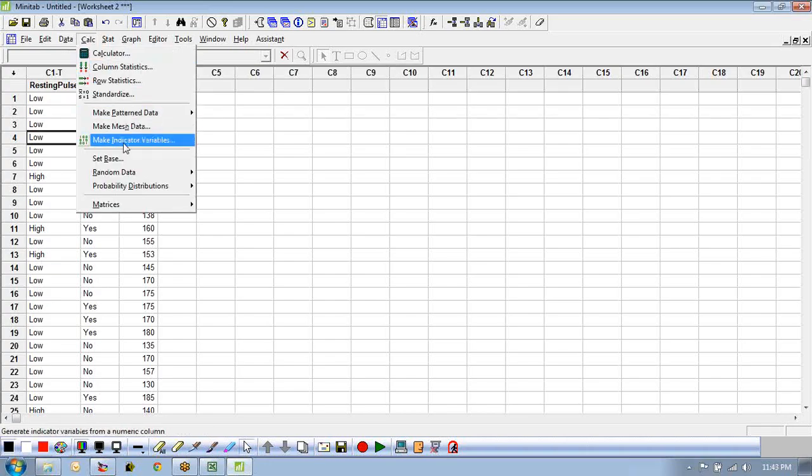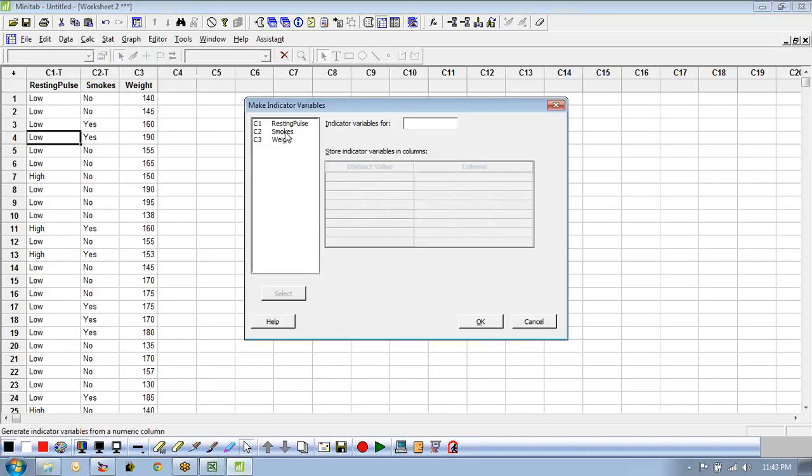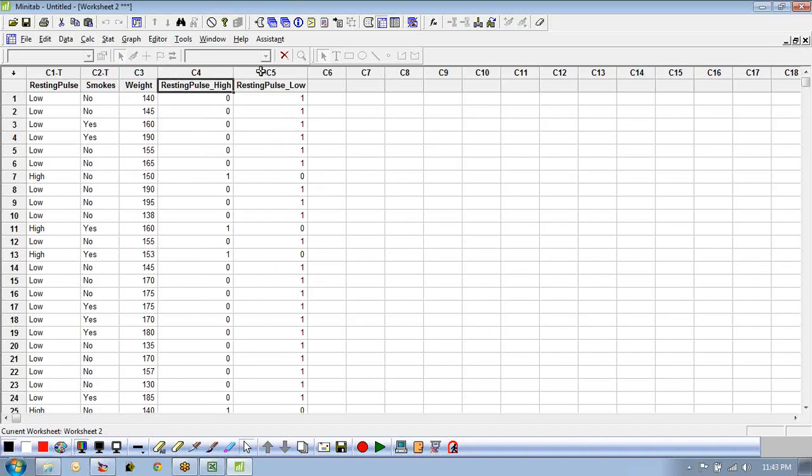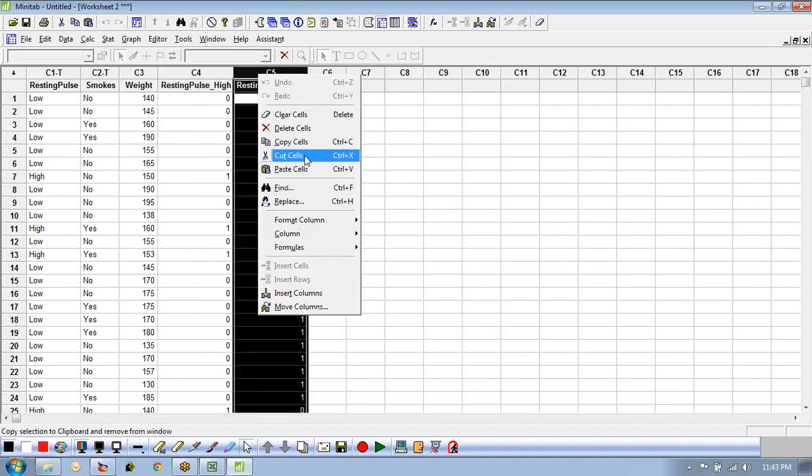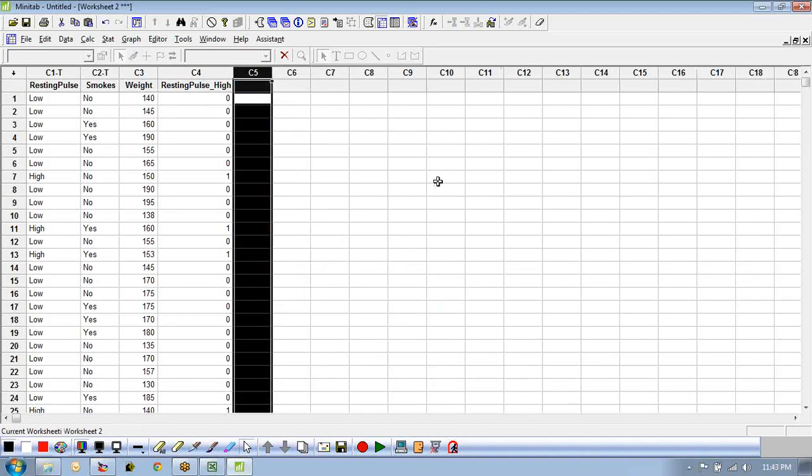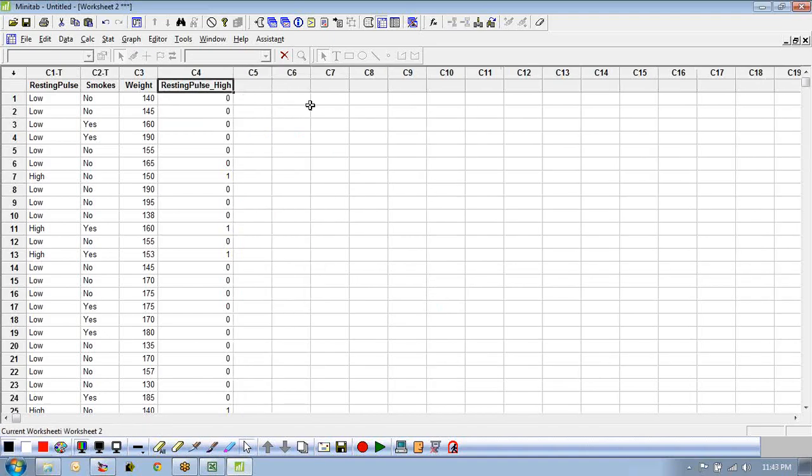If we go to Calc, Make Indicator Variables, you'll remember this one. If we go to resting pulse, let's just click on that. You can see it calculates high and low. And we're going to use high. I don't need low, so I'll delete that. I'm just going to call this RP high.